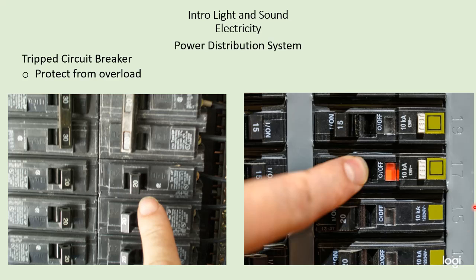Now there's another kind of circuit breaker, and when it trips, it will also move to that neutral position, but it will also throw a flag that is either red or orange or deep amber. It'll put a little color flag in a window to indicate that that circuit breaker is tripped. The same thing though, if you'll move it to its off position and then back towards center to turn it back on.